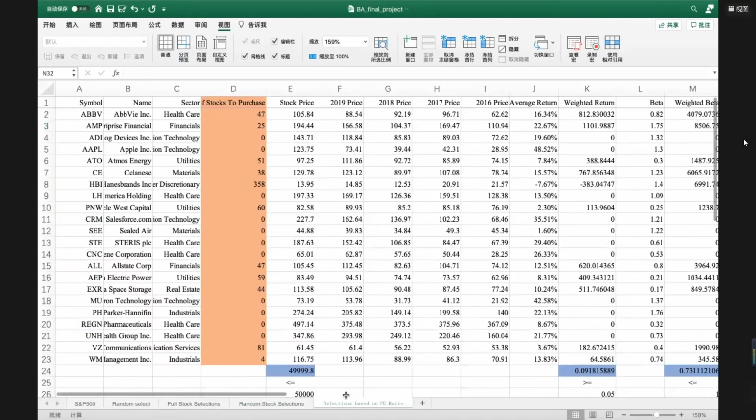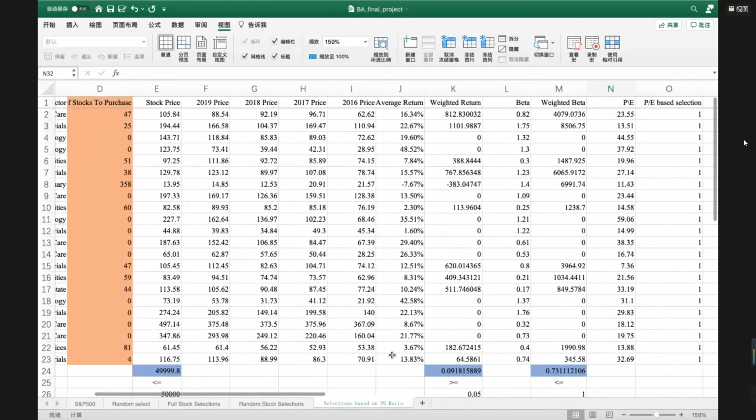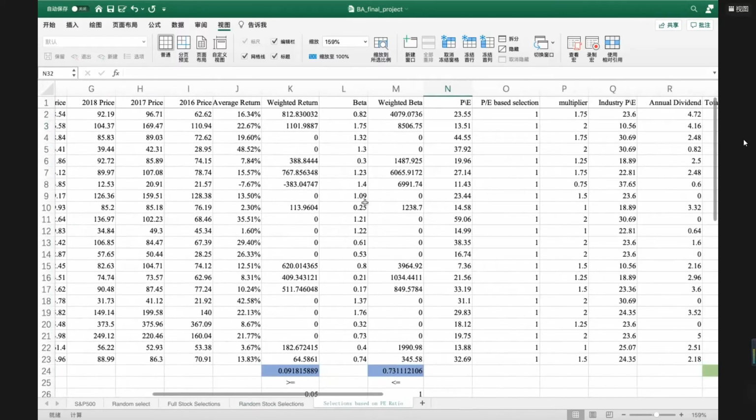And to the final tab, the selections based on the P/E ratio. In order to make the result more accurate, we then introduce one new factor, the P/E ratio, to our experimental model. We created a dummy variable to select stocks with a P/E ratio lower than the industrial average P/E ratio. When one company's P/E ratio is below the industrial average, it usually means it is reasonably valued.